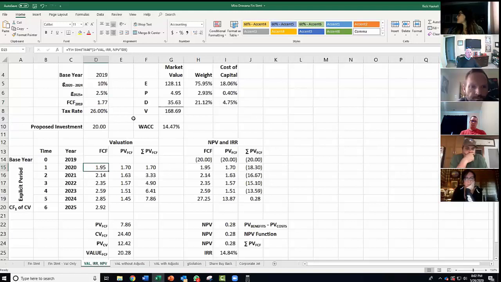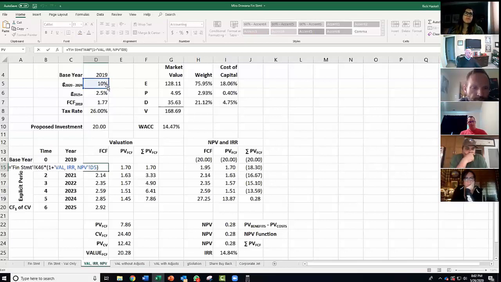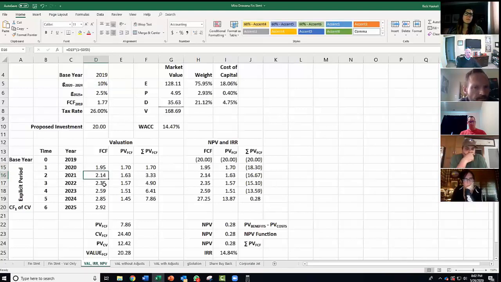So how do I get the 1.95 in this case? Yeah, I take the cash flow from the time before and I expand it at the growth rate. And that's what I'm going to do for each one of these. I'm just expanding it at the growth rate every time.